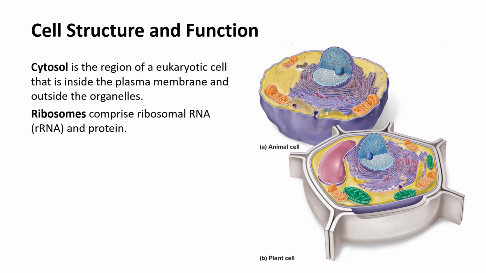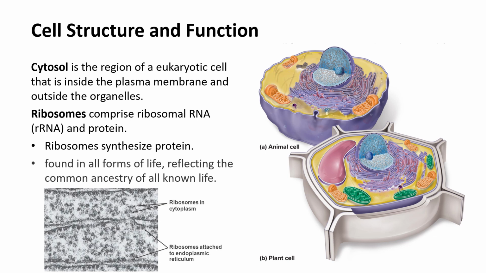Now, ribosomes you will also find in bacterial cells. So these are little tiny organelles that have a very important and conserved function. They serve to synthesize or make proteins, and they're found, as I've mentioned, in all forms of life, showing a common ancestry.